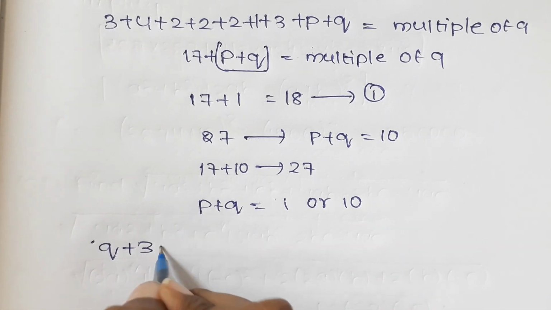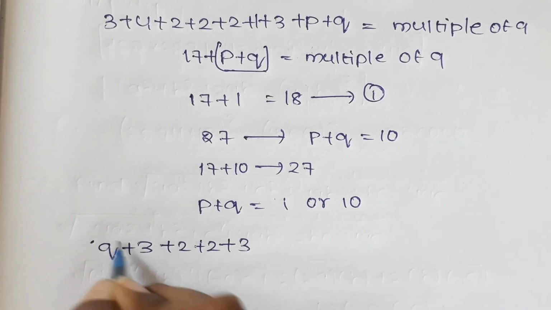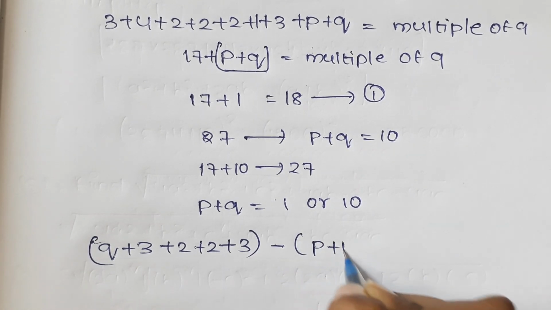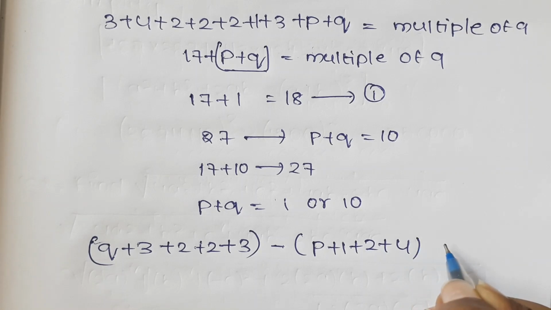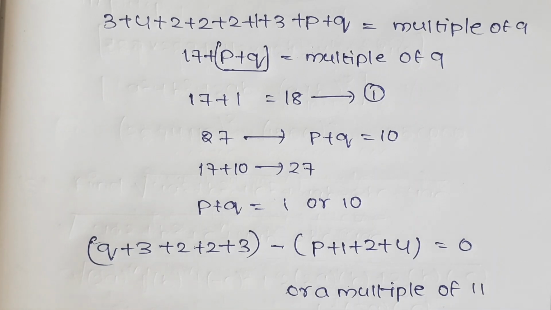Q plus 3 plus 2 plus 2 plus 3 minus P plus 1 plus 2 plus 4 equals 0 or a multiple of 11. This one we already know.